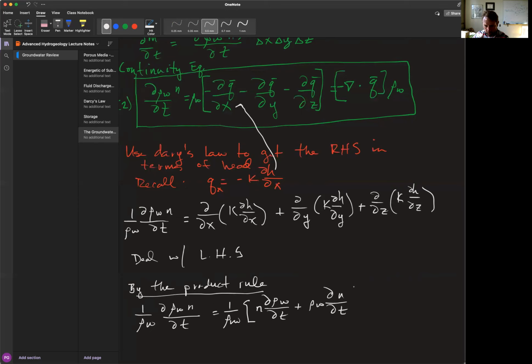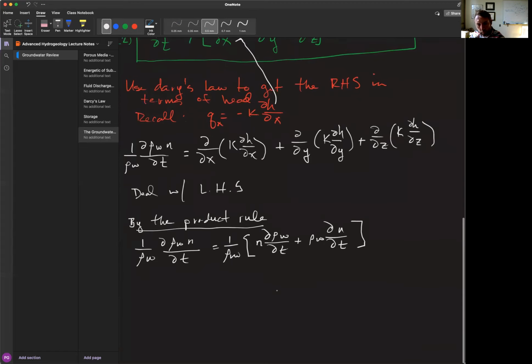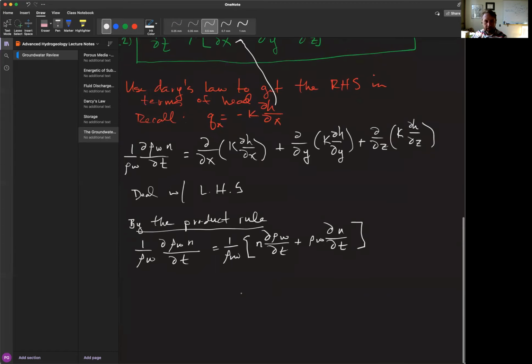Okay, and now, again, we want to get this in terms of changes in head. So we're going to use the chain rule.